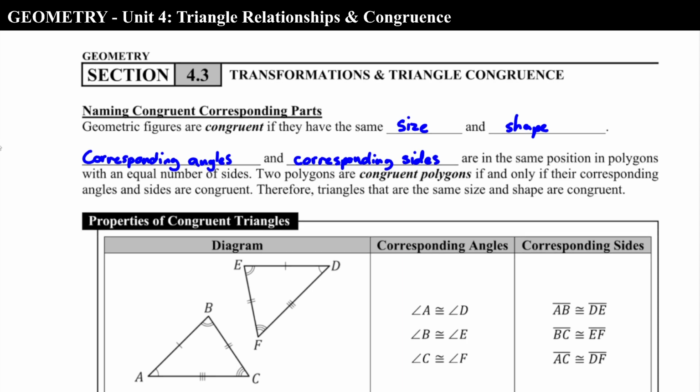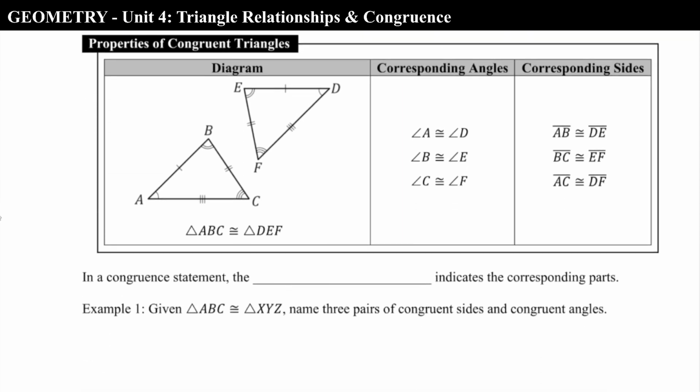So here's an example of what two congruent triangles look like. We have triangle ABC being congruent to triangle DEF. The corresponding angles are: A is congruent to D, which is indicated by one angle tick mark.